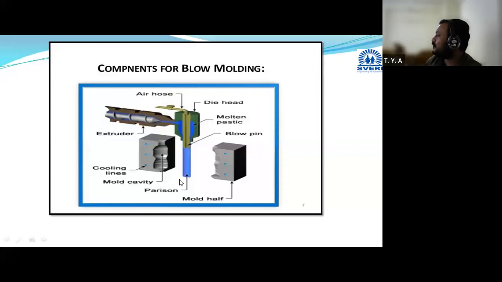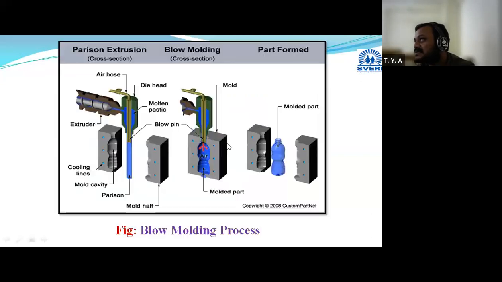First we manufacture the parison or preform from raw material, and after that we go for the blow molding process. Got it? These are the components of the blow molding process.